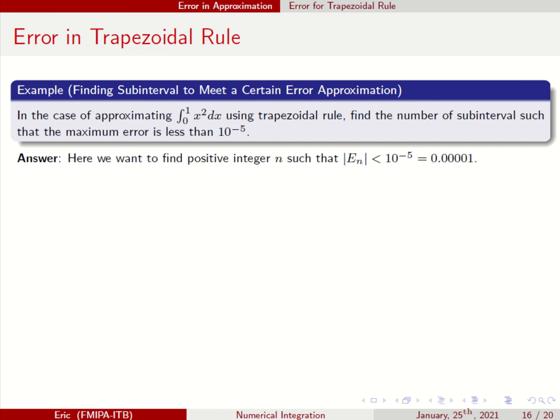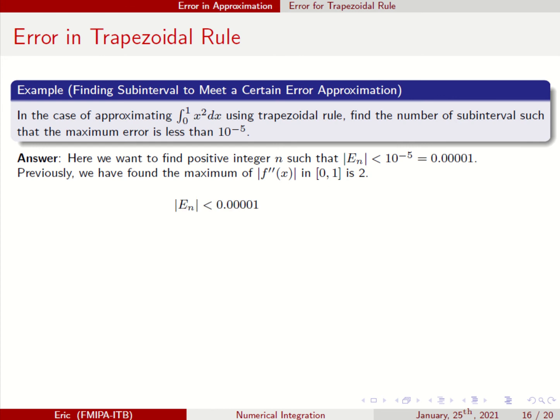So here we want to find the positive integer n such that the maximum error is less than 0.00001.